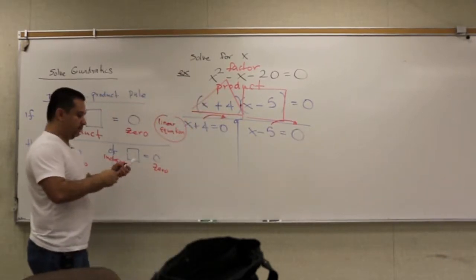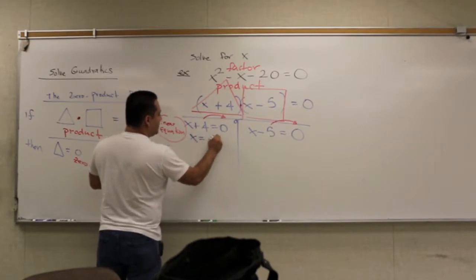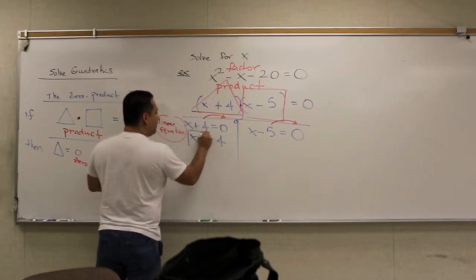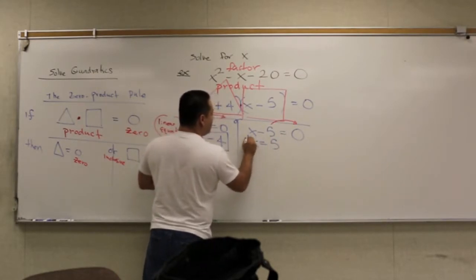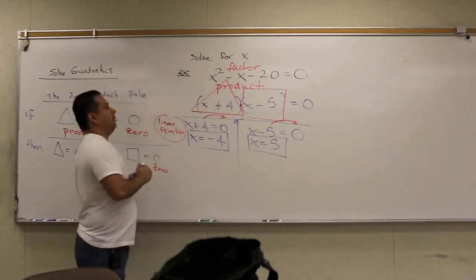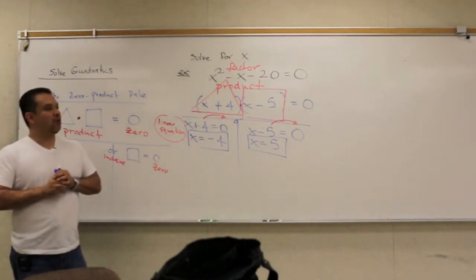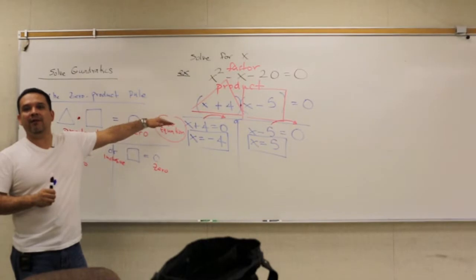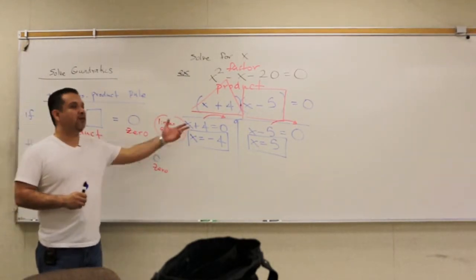You remember that? So x is negative 4, and x is positive 5. This is how you solve your quadratic equation. You solve by factoring, and by using that zero product rule.